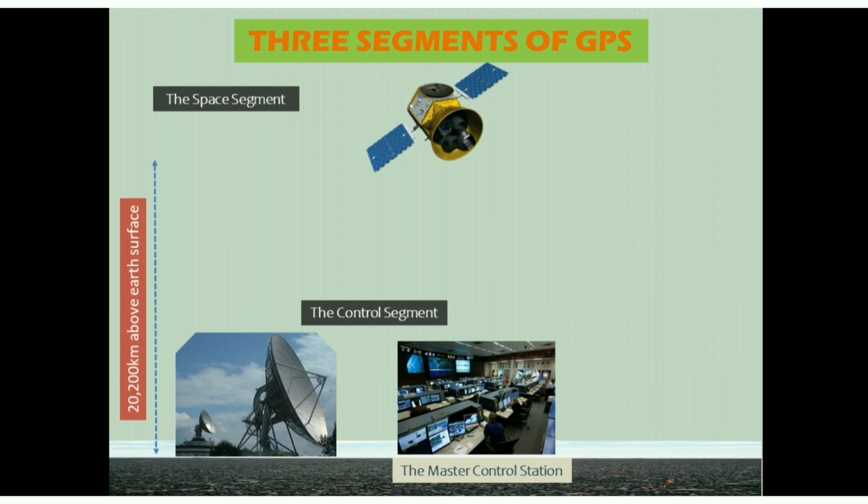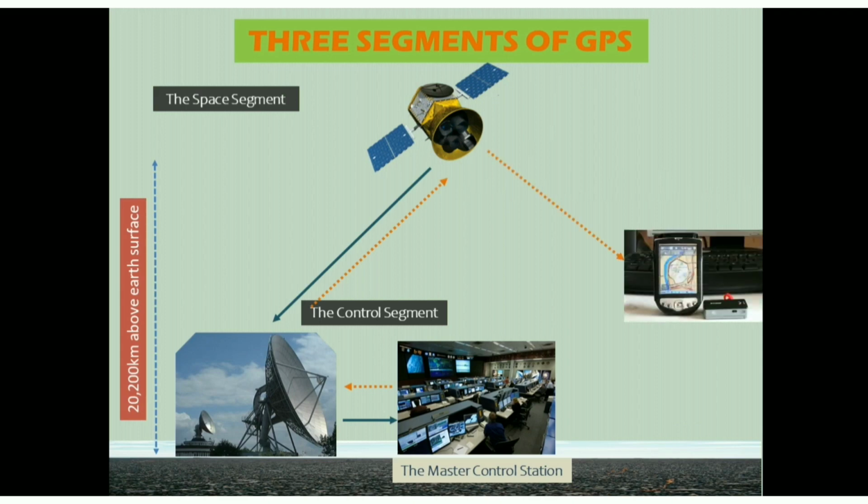These stations are known as the eyes and ears of GPS because they monitor each and every satellite as they pass overhead, every 1.5 seconds. They then transmit the information to the satellites, and the satellites send the subsets to the GPS receivers.